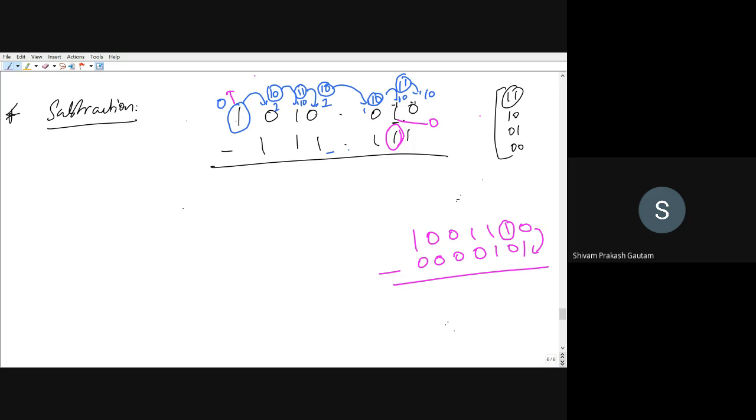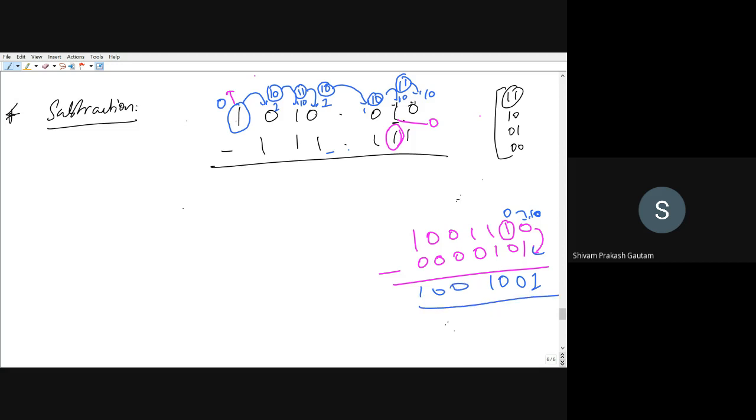So if I borrow 1 from here, this bit will become 0, and 1 will be gone here, and this will become 1 0. Now this is feasible for me in this case. So 1 0 minus 1 will be equal to 1, and 0 minus 0 will be equal to 0, and 1 minus 1 will be equal to 0. So this is feasible for me, right?